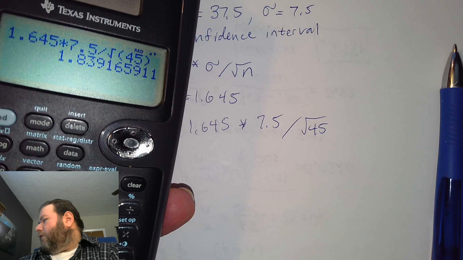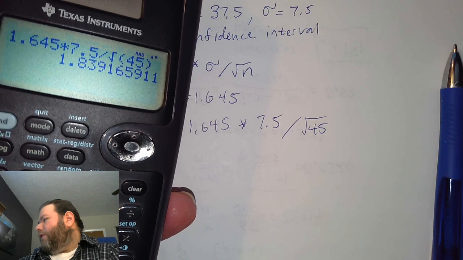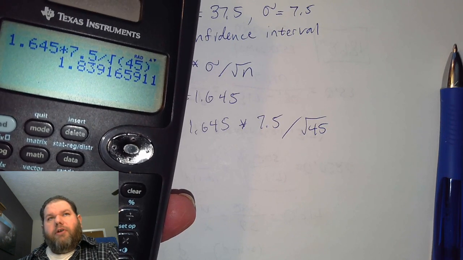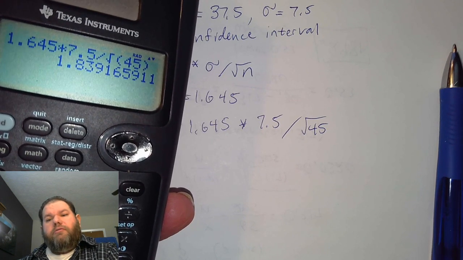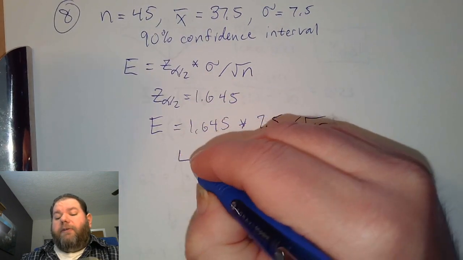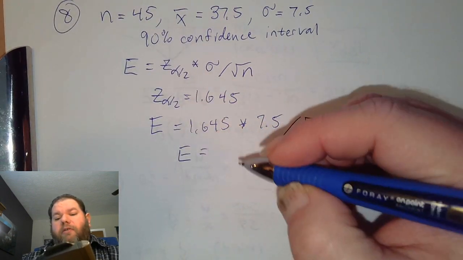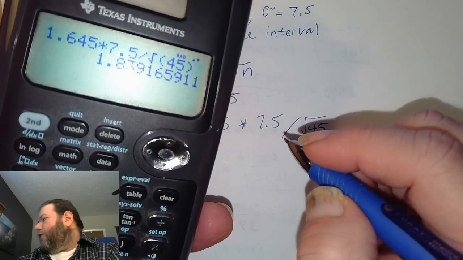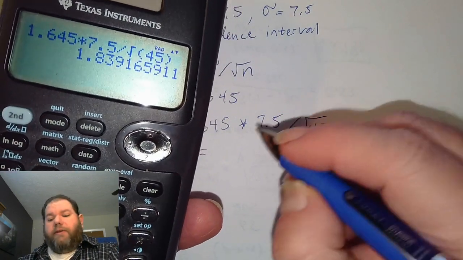So we get a value of 1.83916, etc. Now, in the instructions or in the test, when you go to fill in the blank here, I'll specifically say on this problem, round to 1 decimal place. So 1 decimal place will just be 1.8.